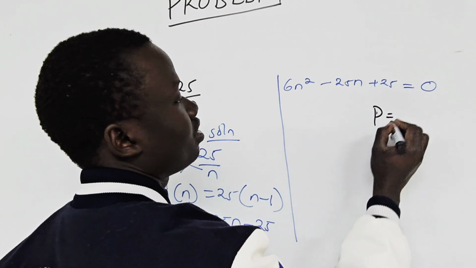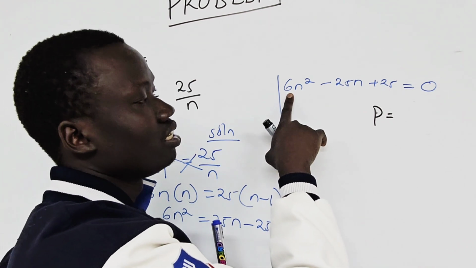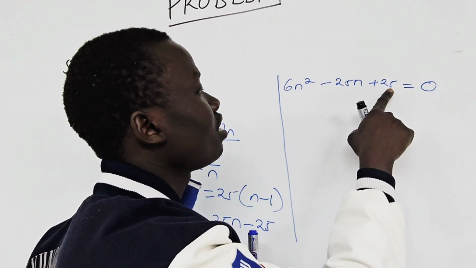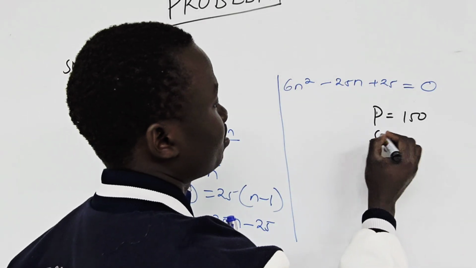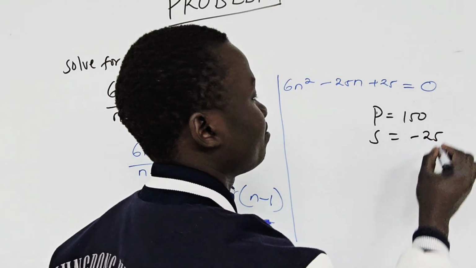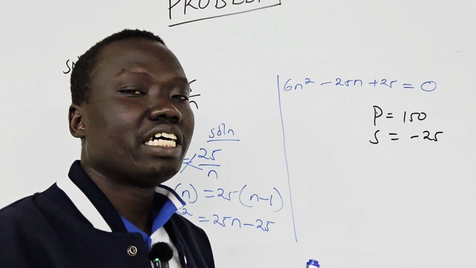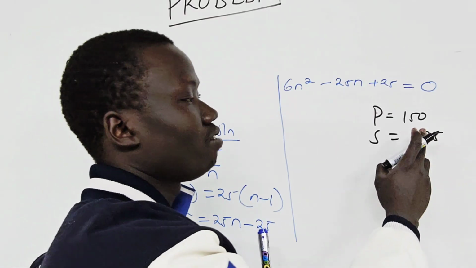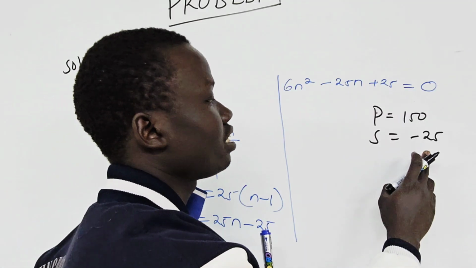The product in this case is the coefficient of n squared, that is 6, multiplied by 25, and you get 150. Our sum is going to be negative 25. We are going to think of two numbers that, when multiplied, give 150, and when added, give negative 25.